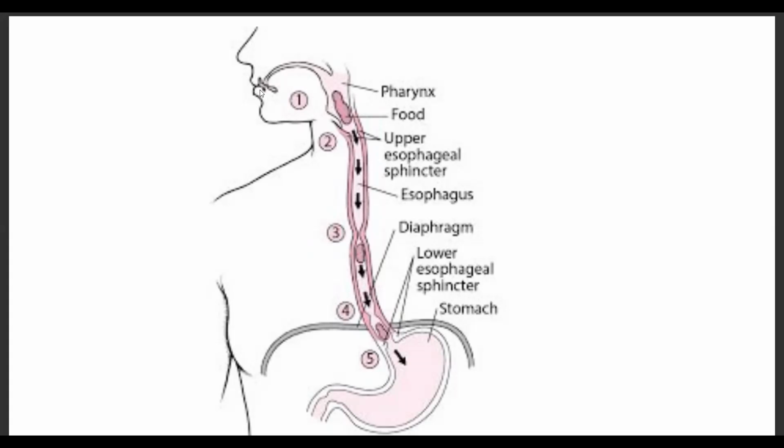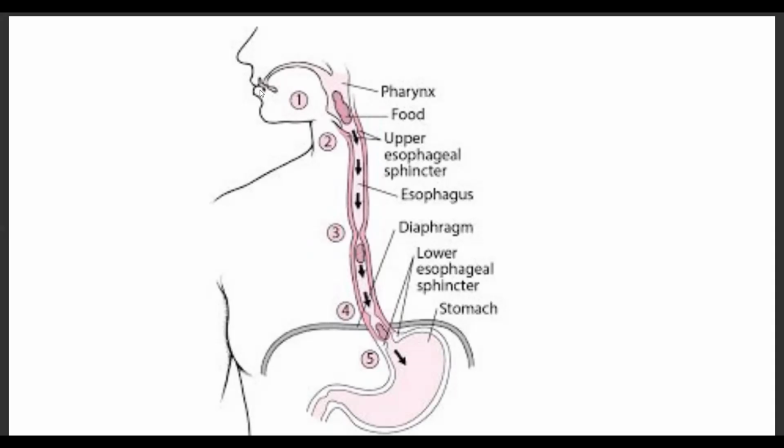Esophagus, number 1. It is a long, hollow, muscular tube. Next point, located in the thoracic cavity.